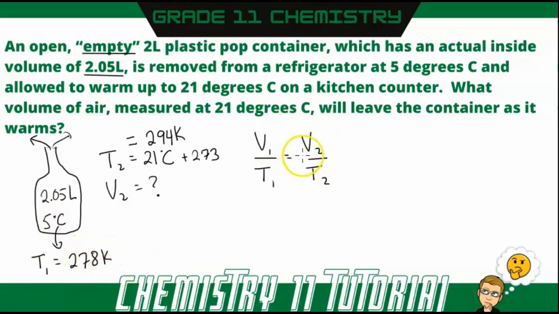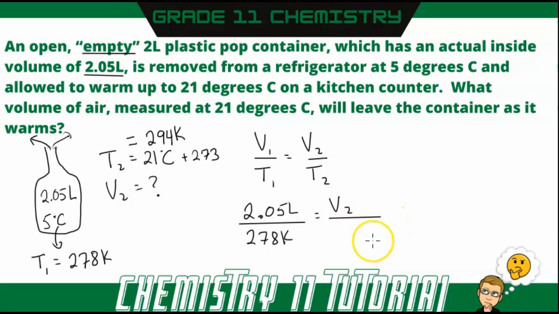So now we can sub these into our equation. V1 is 2.05 liters at a temperature of 278 Kelvin. That's going to equal V2, which we do not know, divided by a temperature of 294 Kelvin. So we're going to isolate for V2.